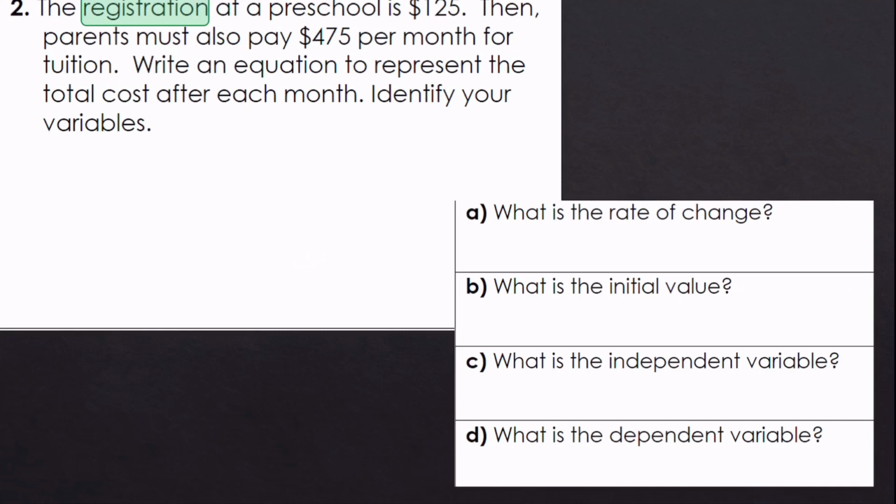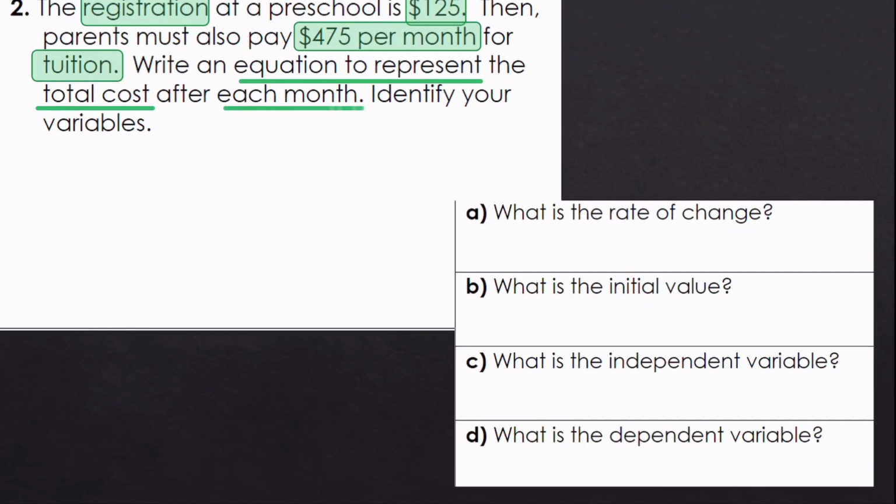The registration is what we're dealing with here, right? Now, $125, that is a registration fee. Parents must also pay $475 per month. We're writing an equation to represent the total cost after each month.